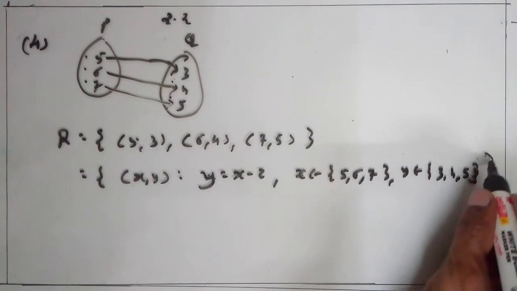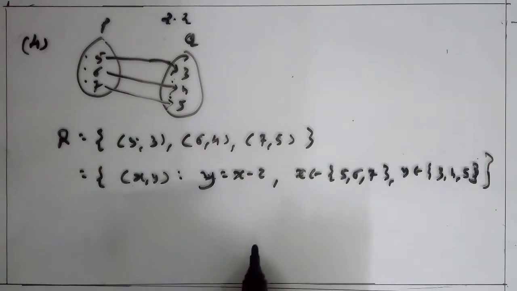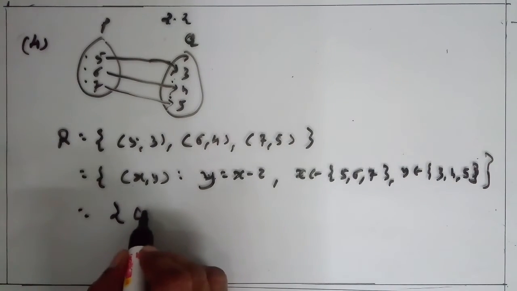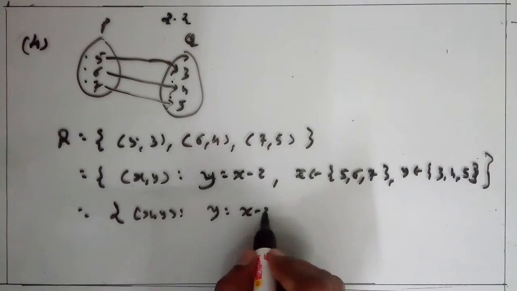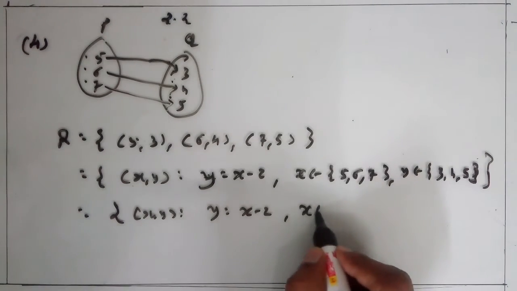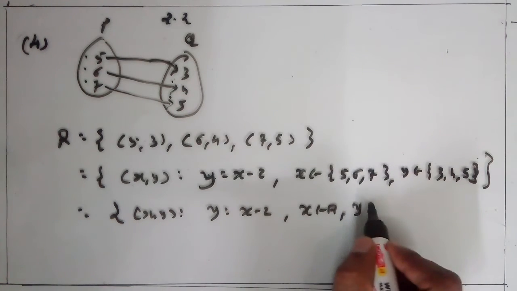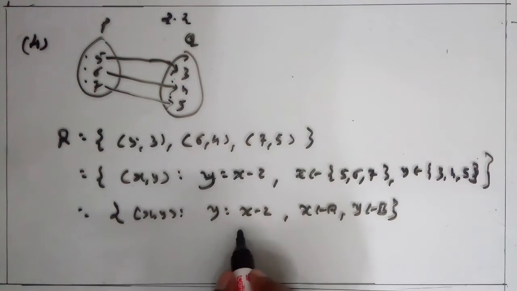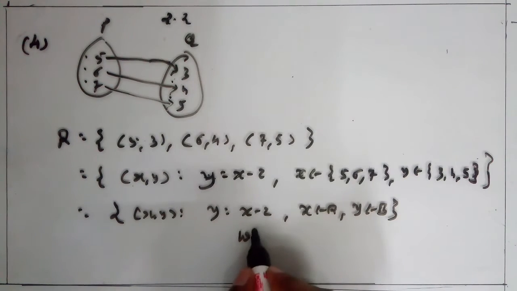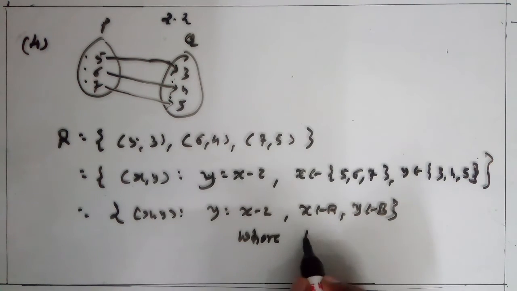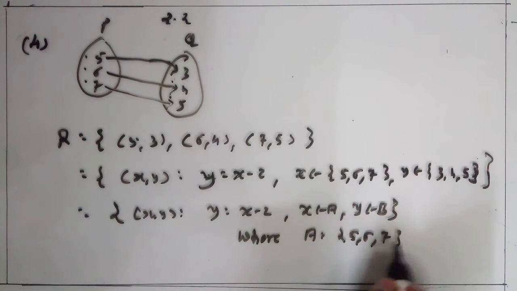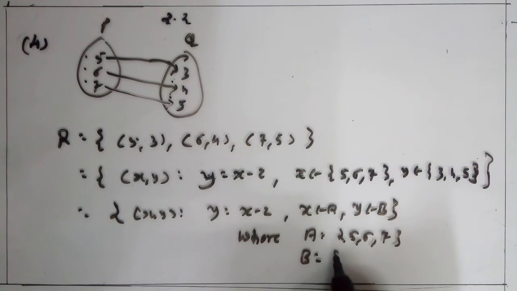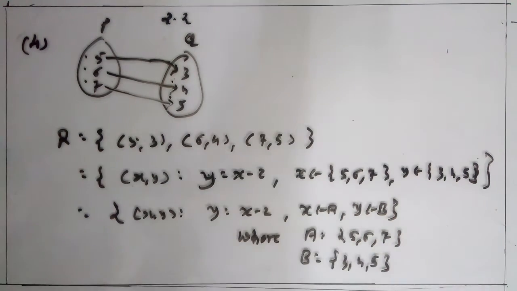Clear? Or in a second form, (x, y) such that y is equal to x minus 2, x belongs to A, y belongs to B, where A is equal to 5, 6, 7 and B is equal to 3, 4, 5. Clear this?